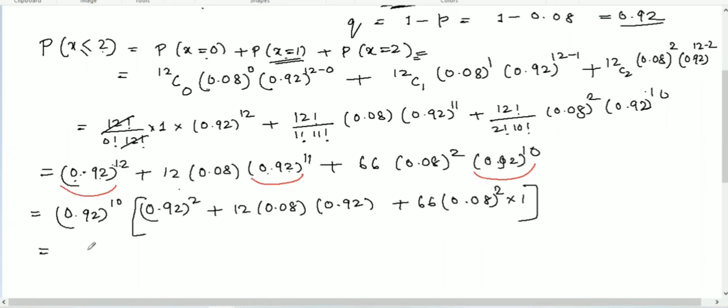Now calculate everything. You will get 0.8464 plus 0.8832 plus 0.4224, multiplied by 0.92 to the power 10.